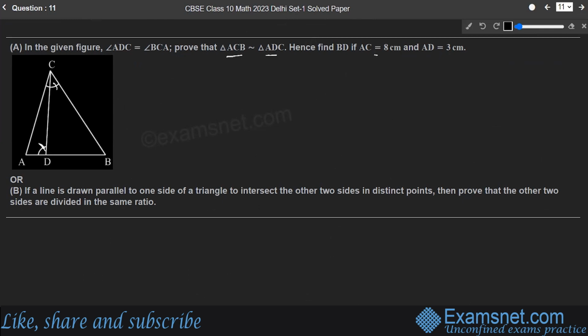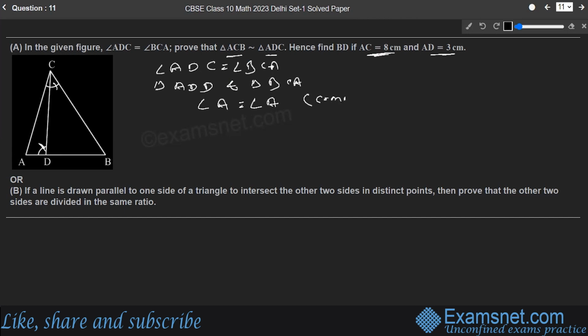So the value of AC is given as 8. AD is also given as 3 centimeter. Now what we can write is, he has given angle ADC is equal to angle BCA. Now if you see triangle ADC and triangle BCA, in these two triangles, angle A is common to both the triangles.